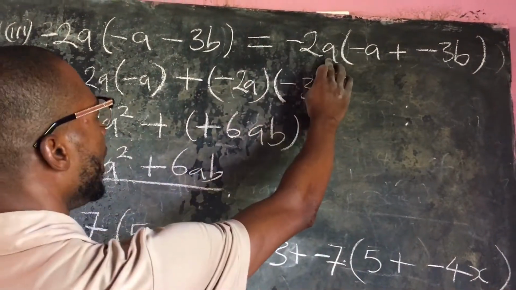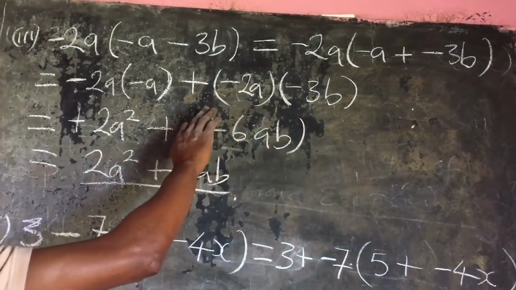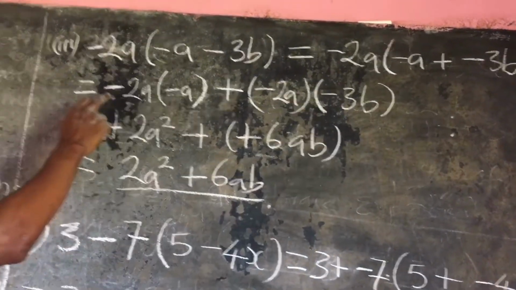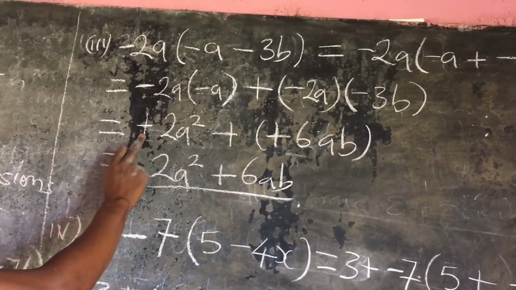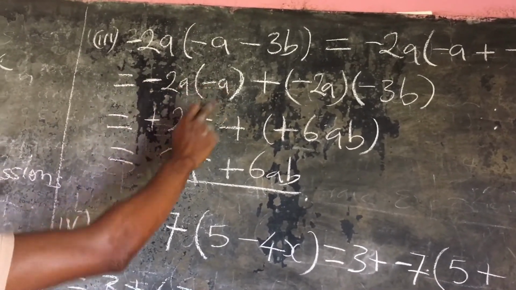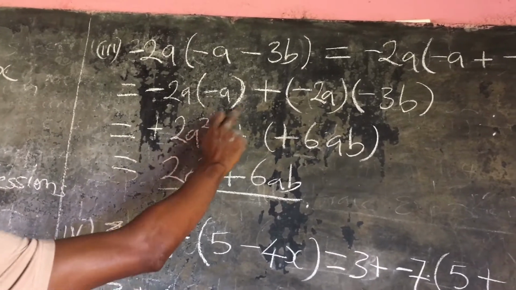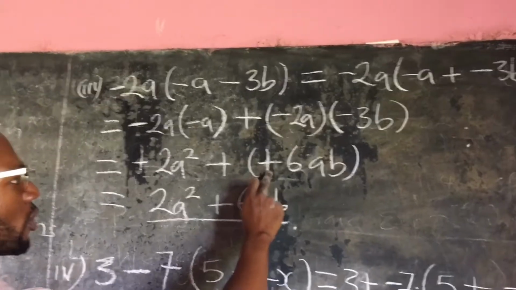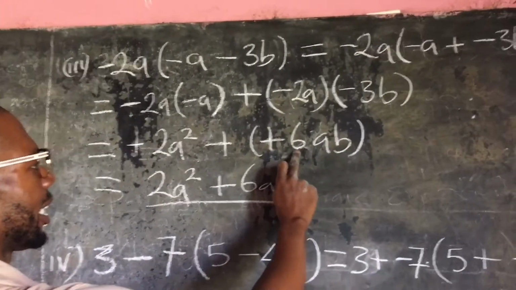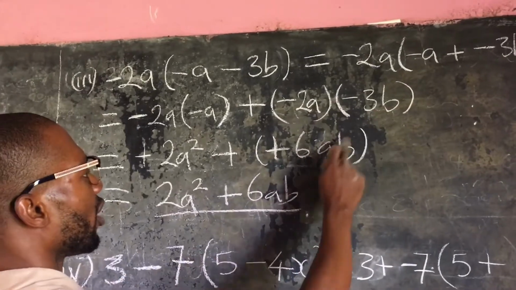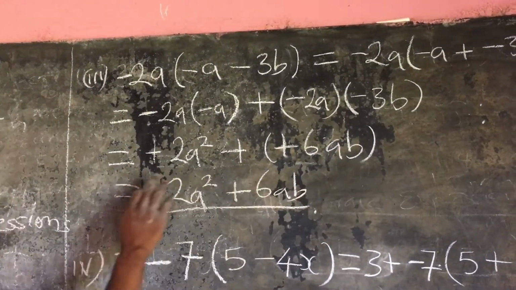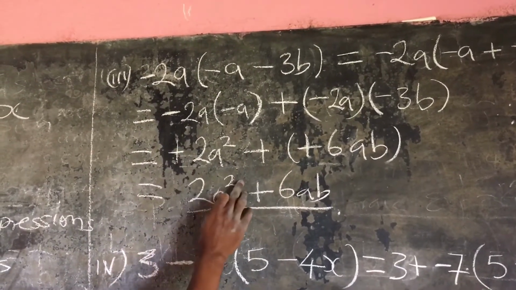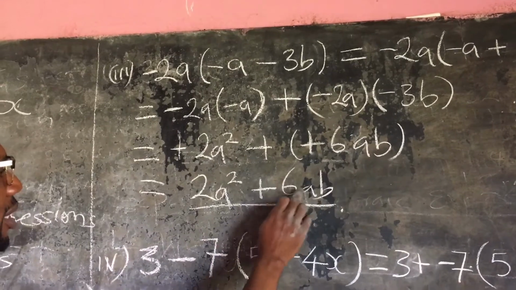I will use minus 2a times minus 3b. If I multiply this, I will get plus. 2a times a will give me 2a squared. Then 2 times 3 will give me 6, and a times b will give me ab. So the answer is minus 2a squared plus 6ab.